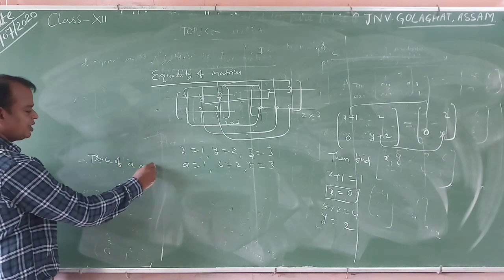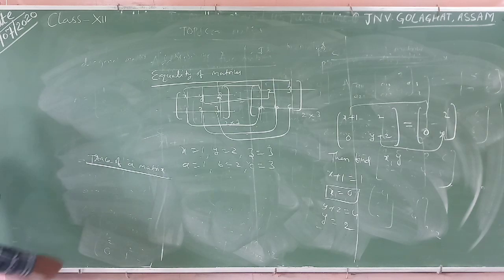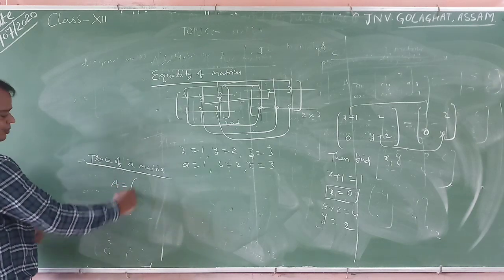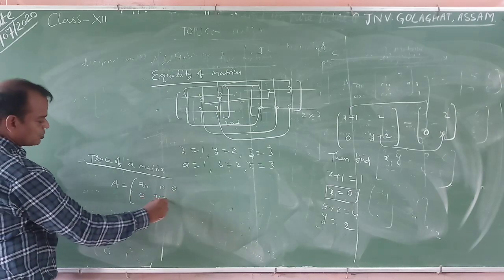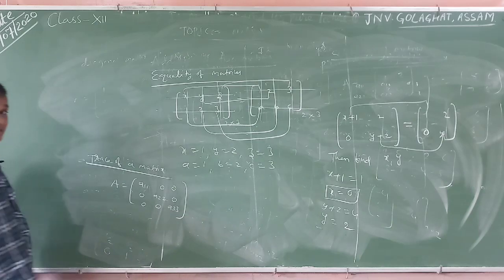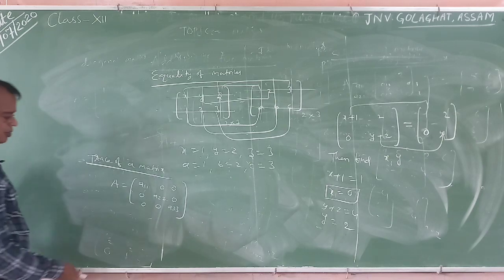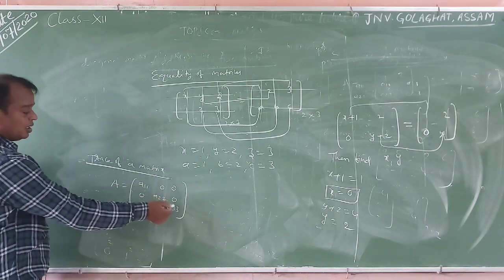Next, the topic is trace of a matrix. This is also very important. Simple example we will take. Suppose A is equal to a11 0 0, 0 a22 0, 0 0 a33. What about this? This is the diagonal matrix. What are the diagonal elements? a11, a22, a33.